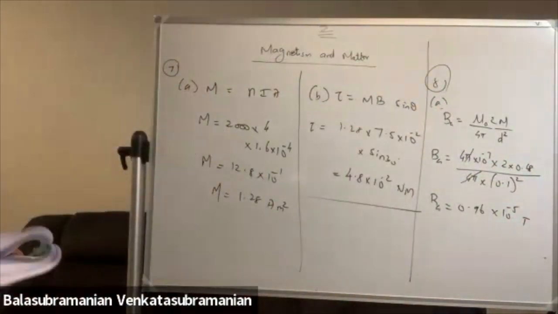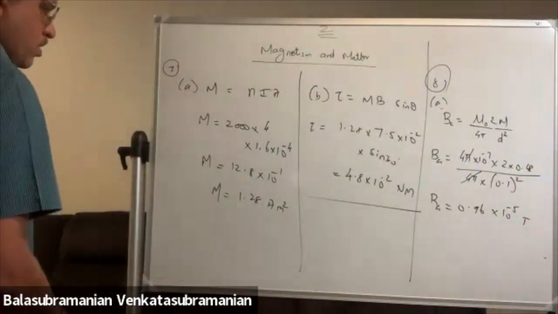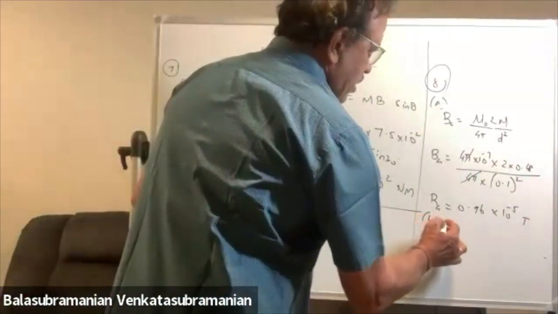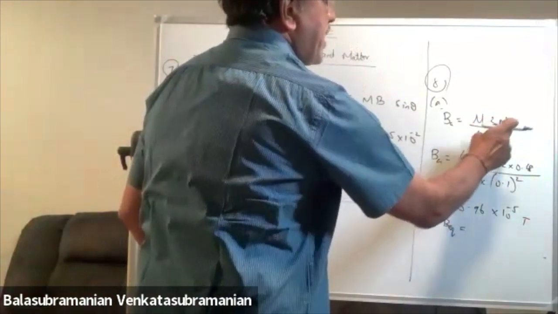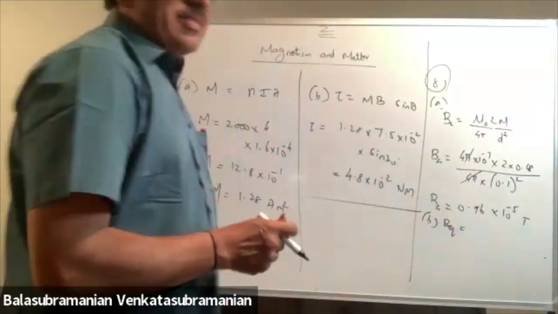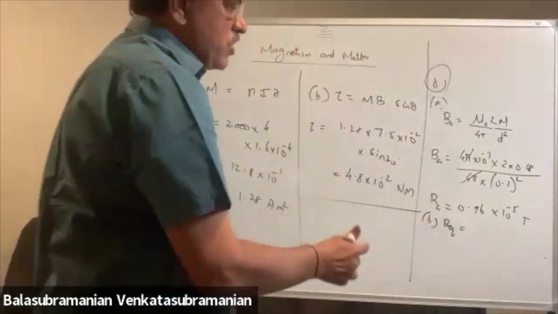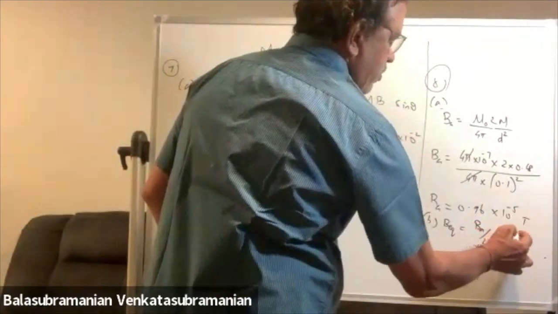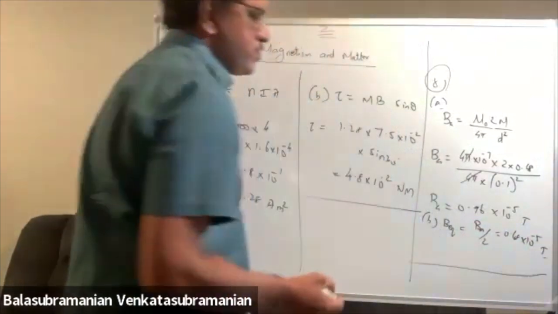For the equatorial line, you know very well, it is mu naught by 4 pi into m by d cube. That means half of this value. Half of this value means B axial by 2, which is 0.48 into 10 power minus 5 Tesla.